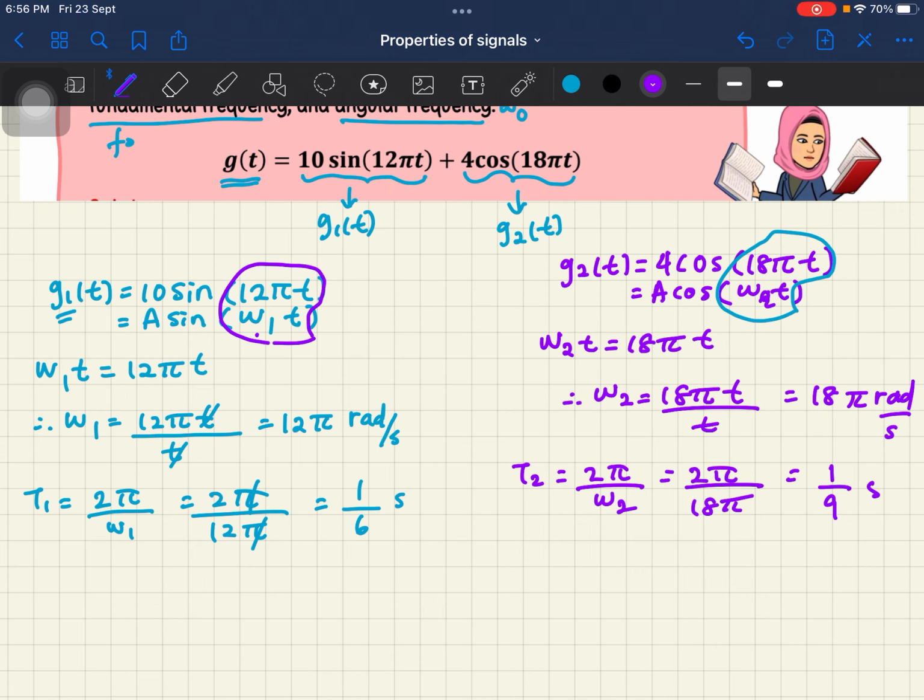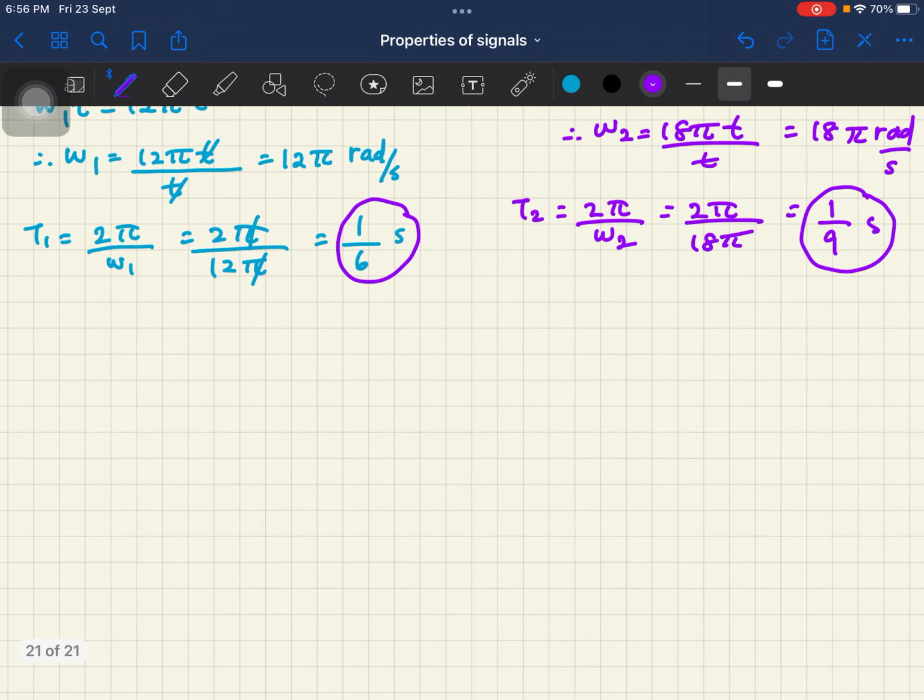Now we have two numbers, 1/6 and 1/9. The next thing we want to do is apply the least common multiple theory to solve for the fundamental period of g of t.